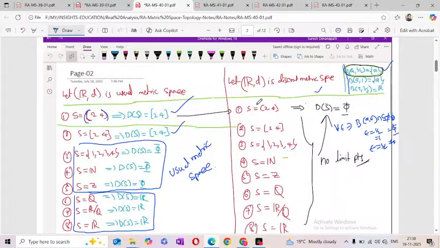So here there is no limit point. Similarly, for the closed interval there is no limit point, and for a finite set, no limit point. The same for the natural numbers, integers, rational numbers, irrational numbers and real numbers. For these sets there is no limit point in the discrete metric, but in the usual metric that is different.